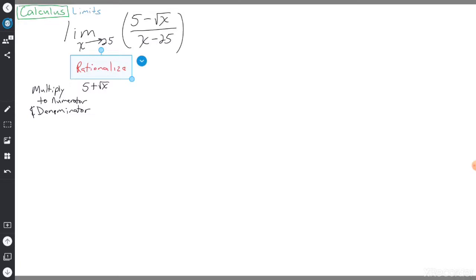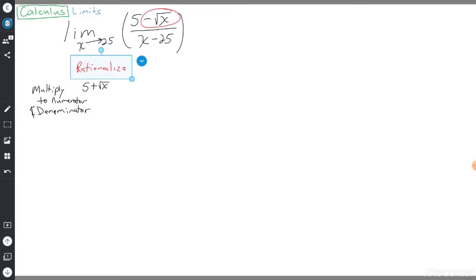Again, we're looking at the top part, because if we substitute 25 in the denominator, it's just going to give us that zero, which we don't want. So we look at the top and we rationalize. In this particular case, we're looking at the sign in front of the square root, and we do the opposite sign of that. The 5 stays the same.